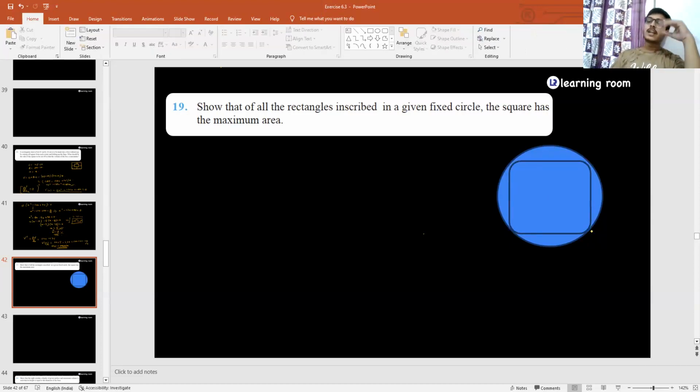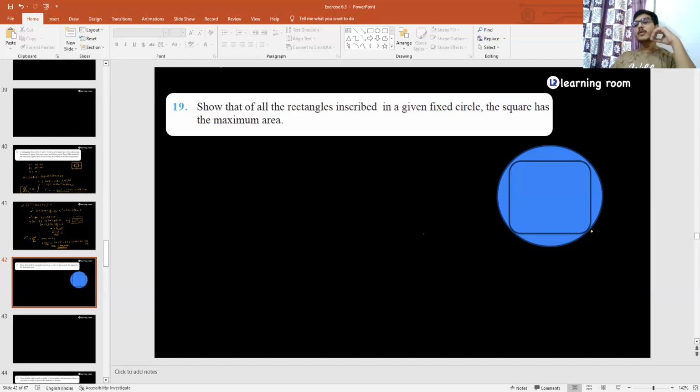So we have to inscribe anything, it can be a rectangle. We don't know about the length, we don't know about the breadth. We can take it to be random. So you need to find that, to get this particular figure that is inscribed in a circle to have the maximum area, that should be a square. Are you getting my point? You have to inscribe anything inside the circle. It can be a rectangle also, it can be having this shape also.